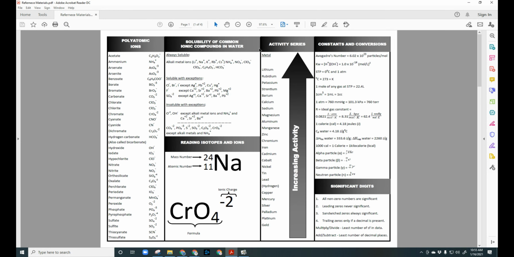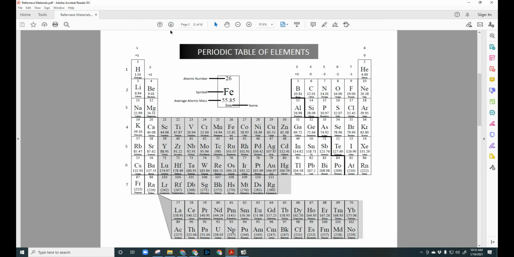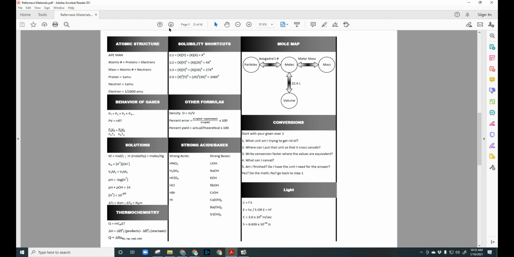So let's see, how do I go to the next page? Oh, right here. There's the periodic table. Here's the other page. Here's the mole map right here. So we're using the mole map here, and conversions right here. Steps for the conversion. Start with your given over 1, and here are the steps right there. So that's what I'm referring to when I'm talking about, what do I want to get rid of? Where can I put that unit so it cross cancels? What can I cancel, et cetera.